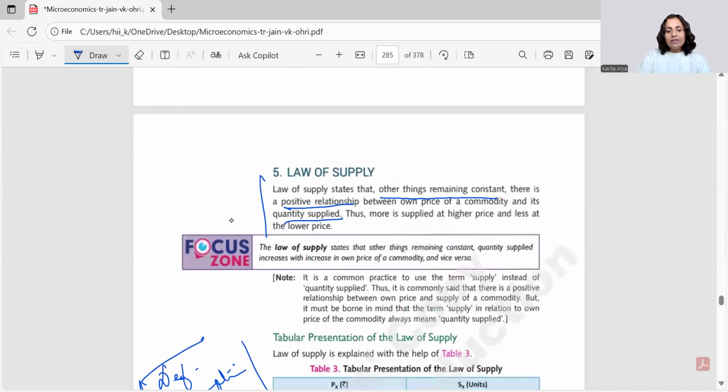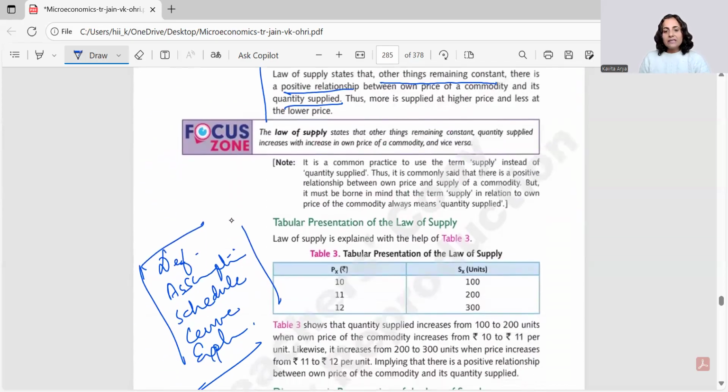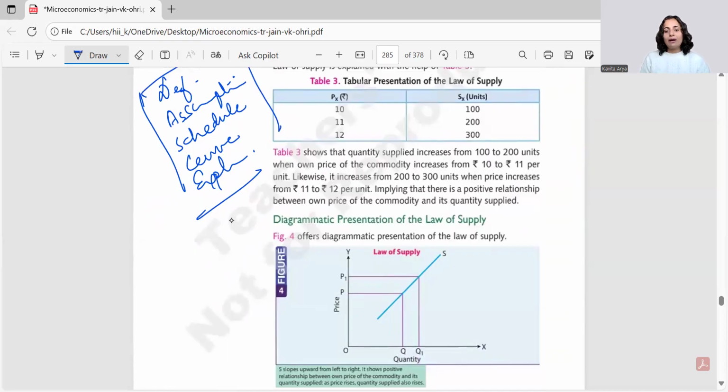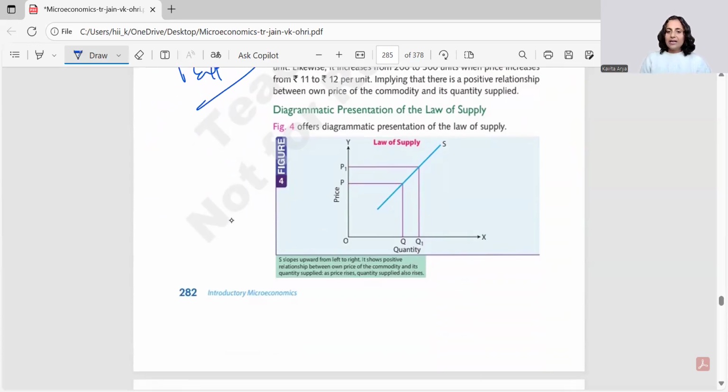We have already given the definition that it states that other things remaining the same or constant, the quantity supplied increases with increase in its own price and vice versa. So tabular representation would be, you have to show this increasing. So this also would be increasing, okay? And it has got a positive slope, so it is moving upwards. So this is the diagrammatic presentation.